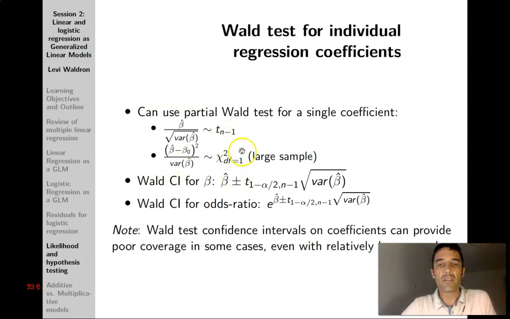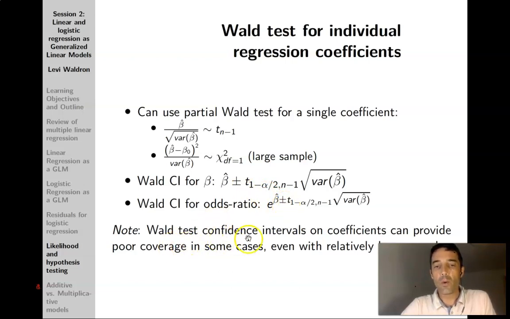Either the t-distribution or the chi-square distribution can be used for hypothesis tests on whether a coefficient is 0, the null hypothesis. These Wald tests can also be used to construct confidence intervals and standard errors on the coefficient. And when you see the column of standard errors in the output of your regression table, those are based on the Wald test.